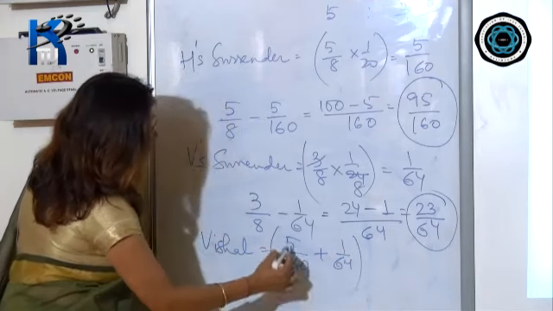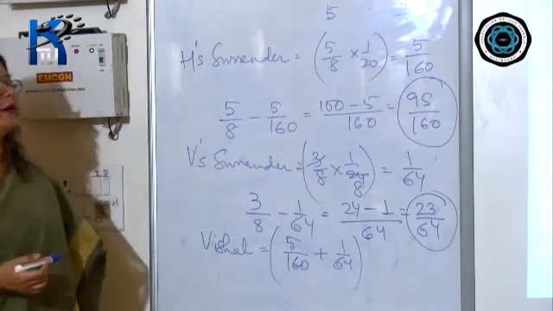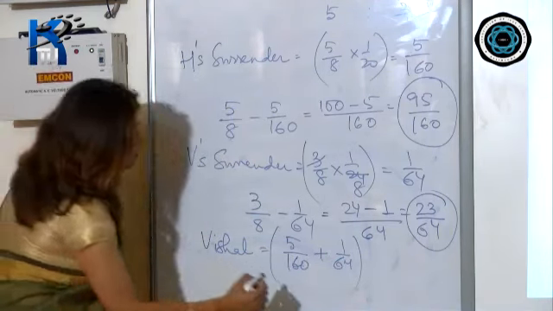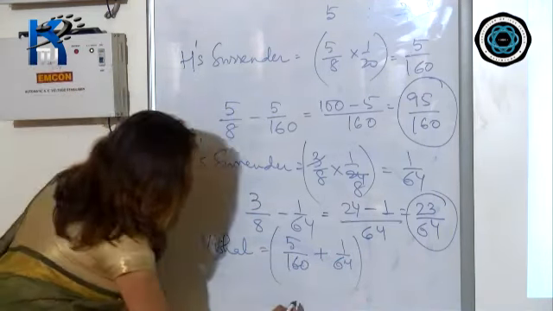We can further reduce this in order to make our question a little simpler. 5 1s are 5, 5 3s are 15, 5 2s are 10. So this could be 1/32 plus 1/64. So when we calculate this, we are left with 64. So this comes out to be 2 plus 1. So 3/64 is Vishal's new share.